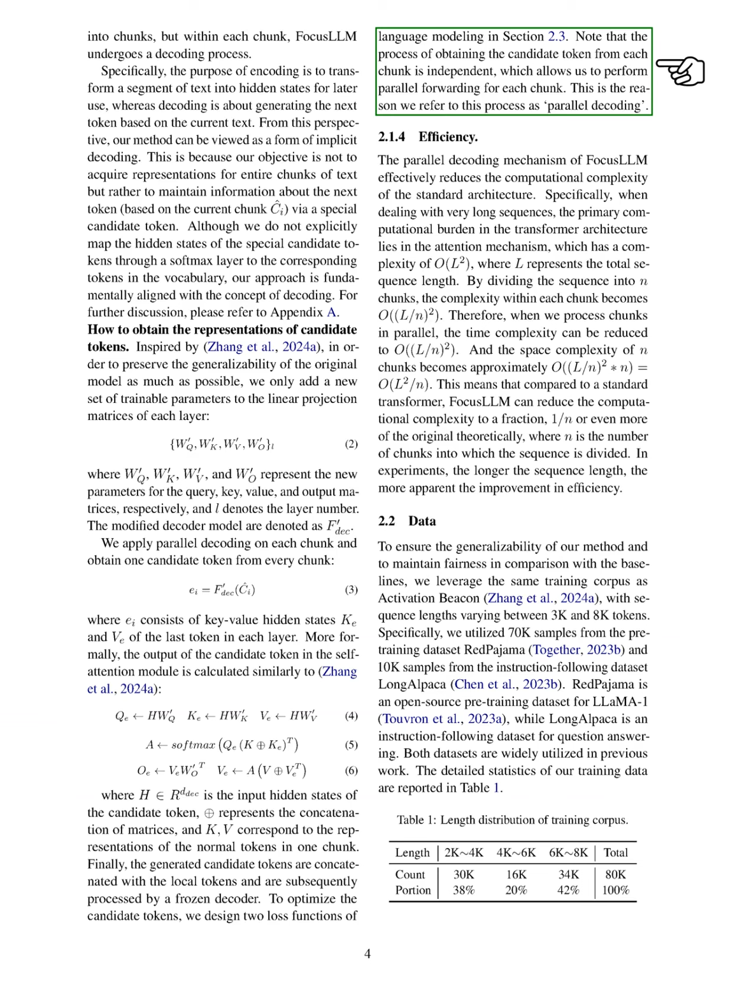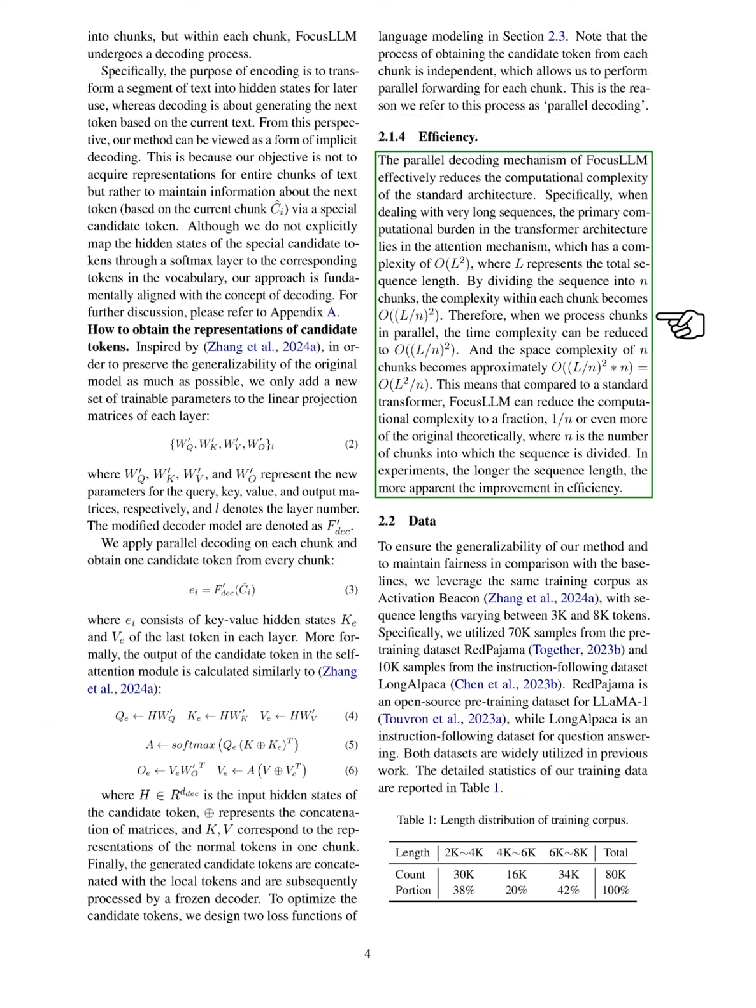Section: Efficiency. In this section, we discuss the efficiency of FocusLLM. Our parallel decoding method significantly lowers the computational demands compared to standard architectures. When handling long sequences, the main challenge in the transformer model is the attention mechanism, which has a complexity that grows with the square of the sequence length. By splitting the sequence into smaller chunks, we reduce the complexity within each chunk.